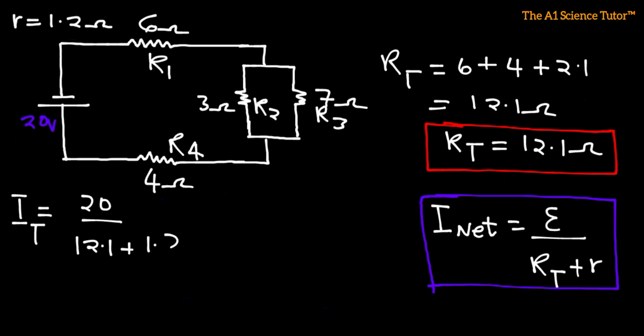Small r is 1.2. So 20 divided by 12.1 plus 1.2 gives us 1.50, or 1.5 in short.